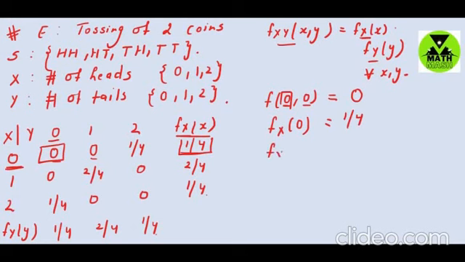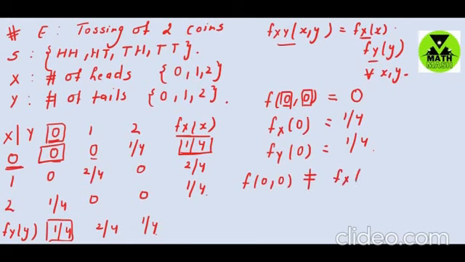And fy at 0, corresponding to y equals 0, the marginal density is also 1 by 4. So f at 0 comma 0 is not equal to fx at 0 multiplied by fy at 0, and hence the two random variables are not independent.